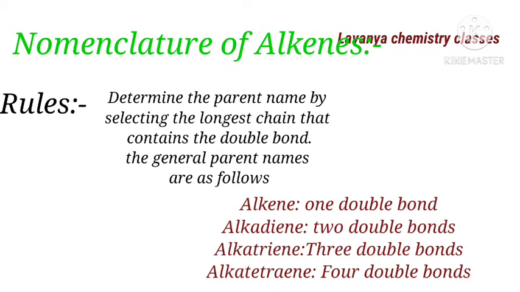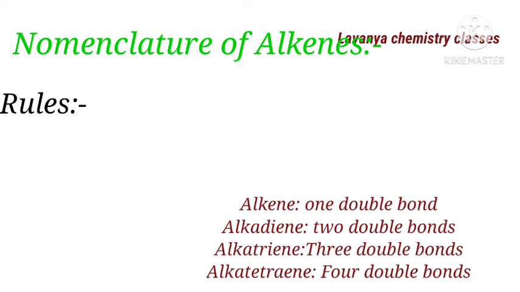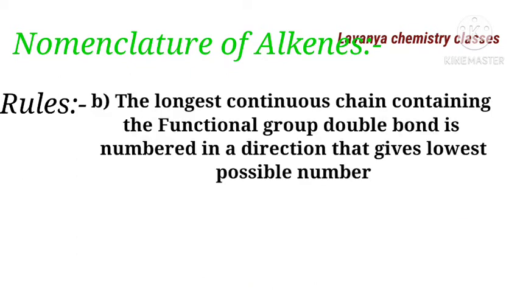In alkenes, one double bond is present; in alkadiene, two double bonds are present; in alkatriene, three double bonds are present; and alkatetraene, four double bonds are present. The longest chain containing the functional group, the double bond, is numbered in a direction that gives the functional group the lowest possible number.